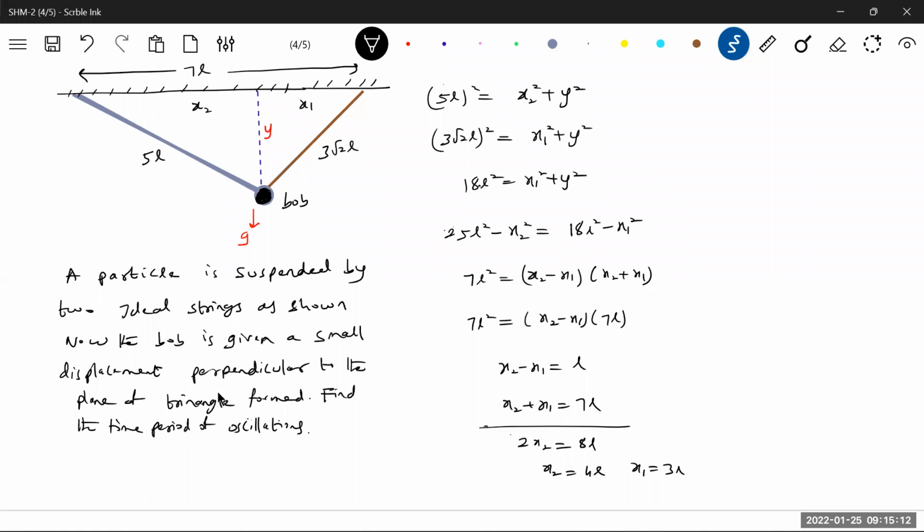I'll substitute in any one. 18L square. x1 square is 9L square plus y square. 3L. Okay, then the time period of oscillations will be 2 pi root y by g.